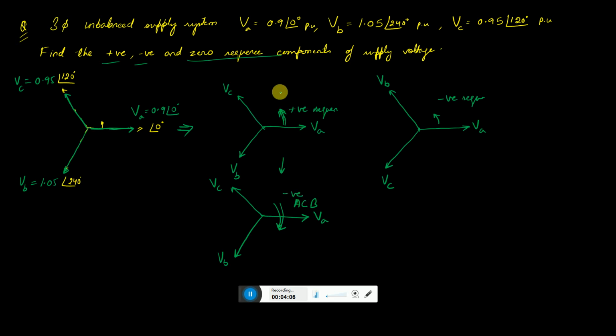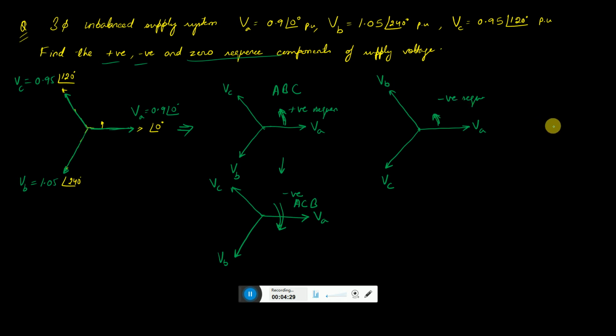In anti-clockwise, A comes first, then B, then C. This is a positive sequence. If I keep the motion anti-clockwise in both cases and redraw it with VA, then VC over here and VB over here, it is also a negative sequence.